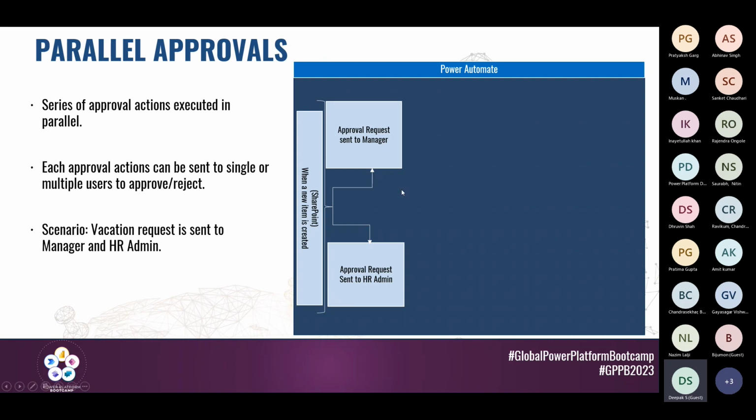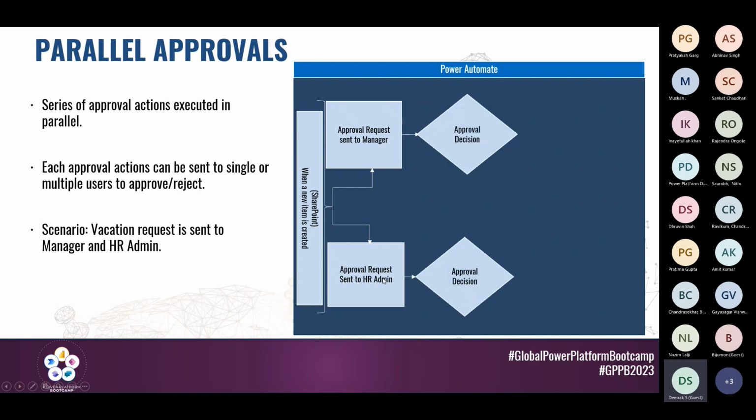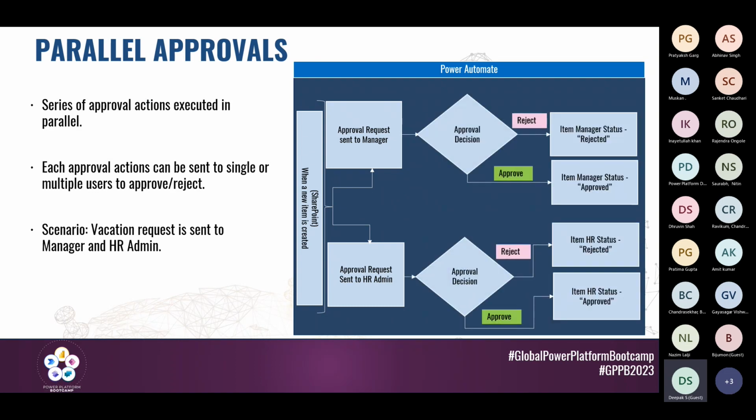For example, here when a new item is created in SharePoint, or let's say a travel request, it goes to the manager to approve it and also goes to HR. Both need to make a decision, and based on the decision, the individual status for these users will be updated accordingly. This is a simple example of parallel, and you can have multiple levels of parallel branches.